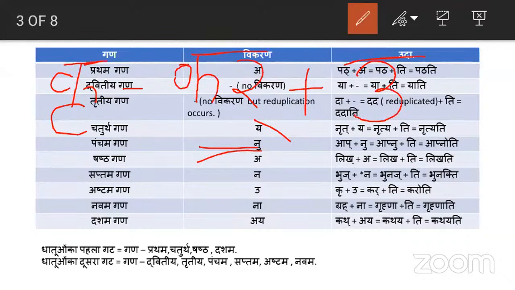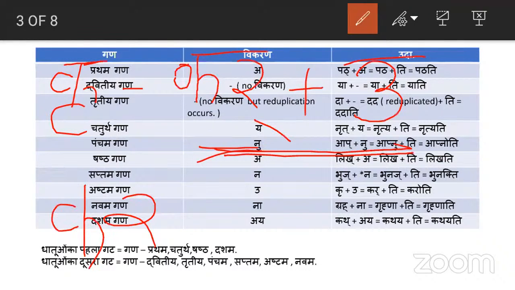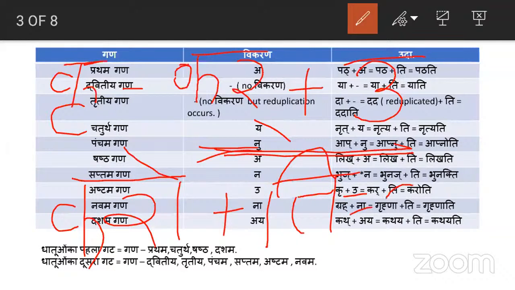So after adding u to this kar form, we get anga as karo. And to this karo, we add this ti to make our form karoti. So this is for Ashtamgan.